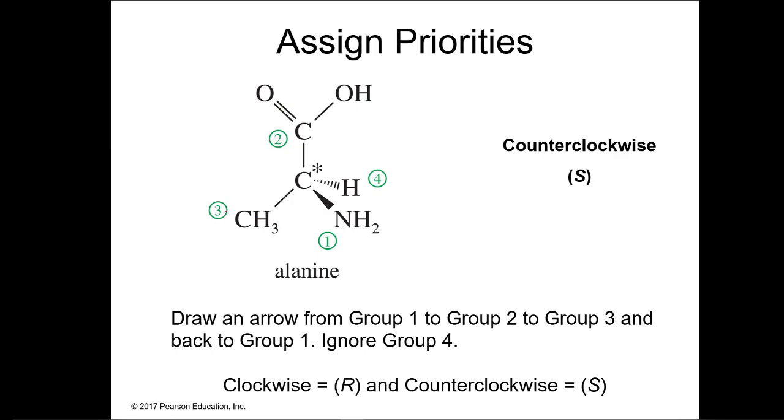This carbon gets priority 3. So then we have all 4, and we need to put this hydrogen in the back. Okay, so if we do that, it'll look like this. And the hydrogen's going off in the back there.